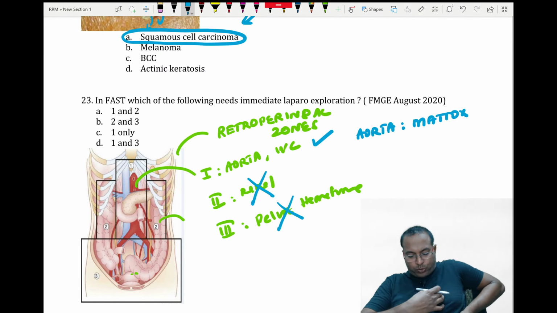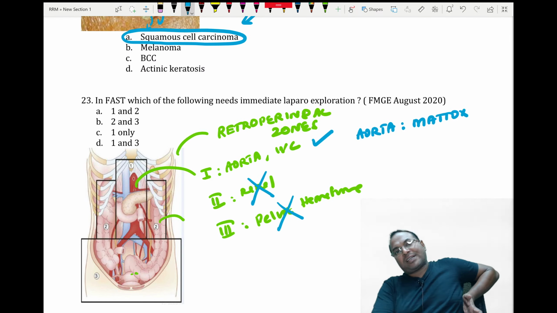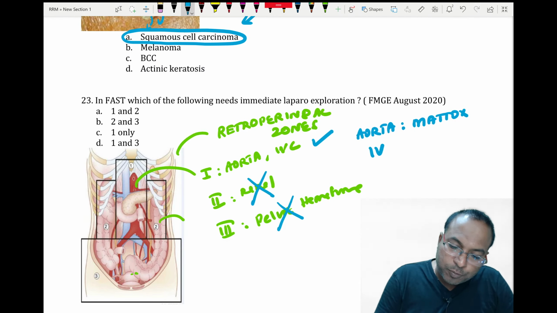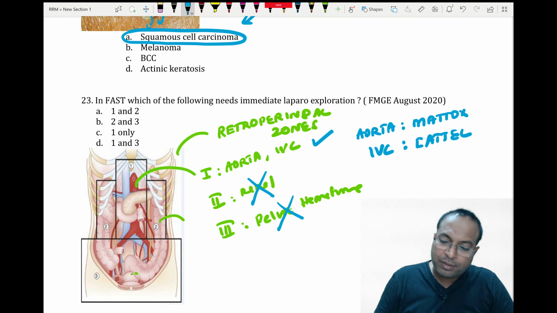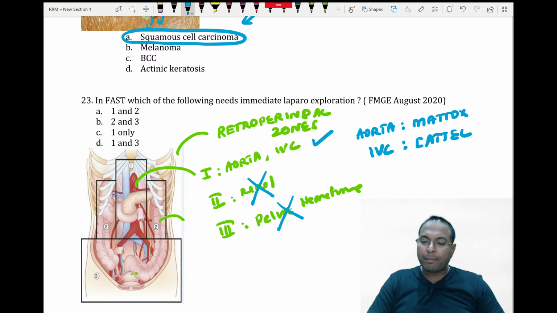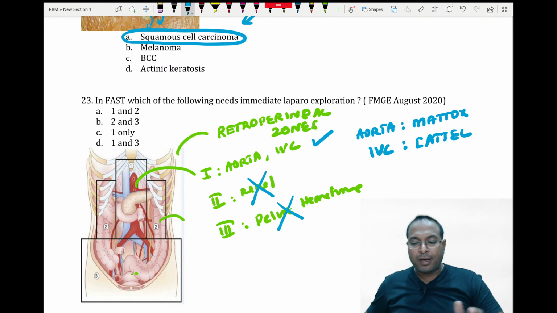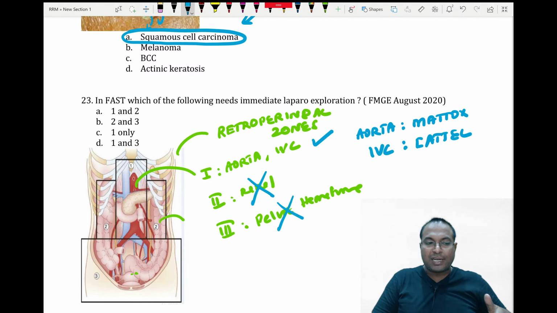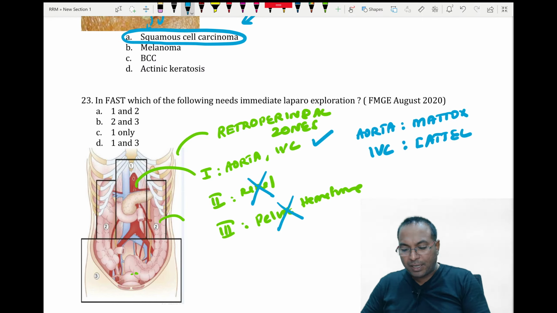To expose the aorta, we rotate the structures from the left to medially, that is known as Mattox maneuver. For exposing the IVC, we do a maneuver known as Cattell maneuver. Please remember, Cattell's maneuver is done for exposure on the right side. So right side exposure of IVC, we do Cattell's maneuver, and aorta, Mattox maneuver.